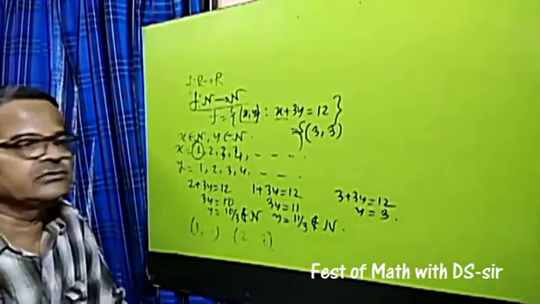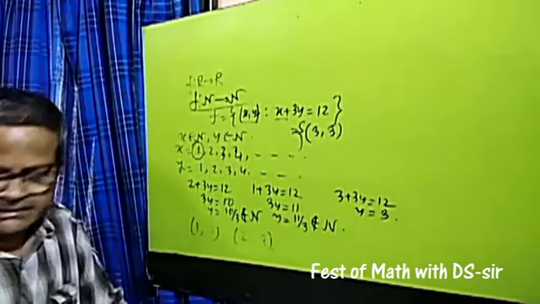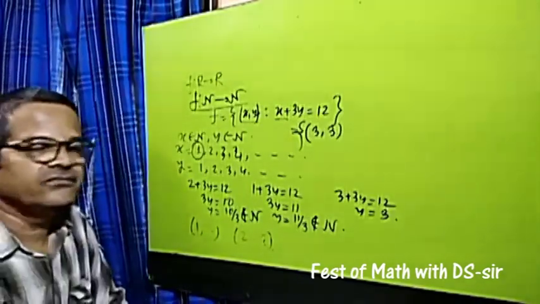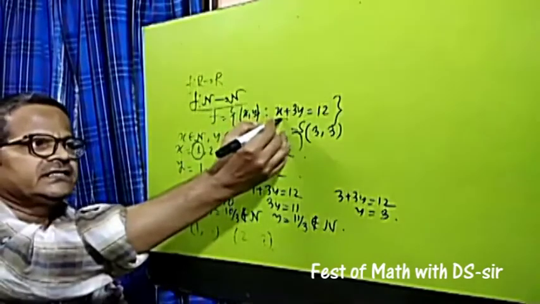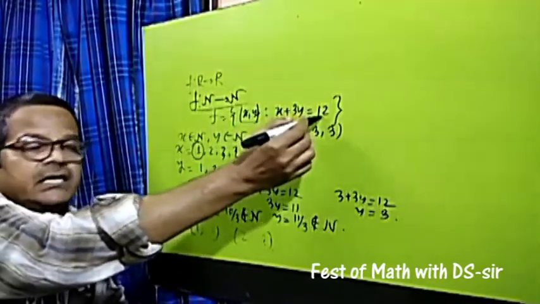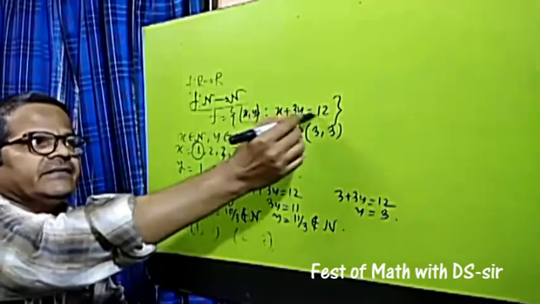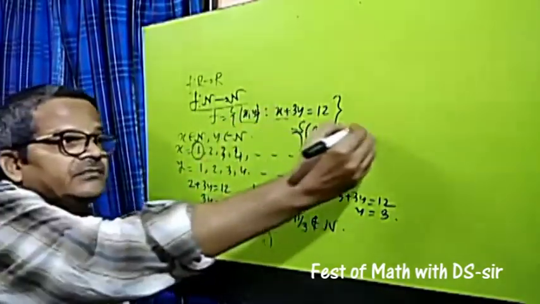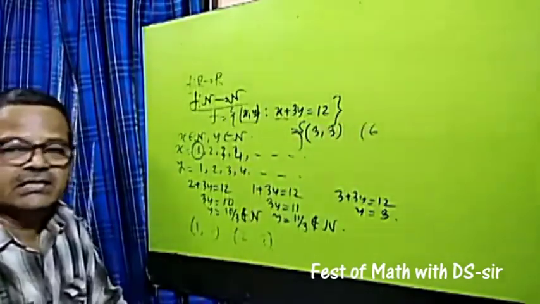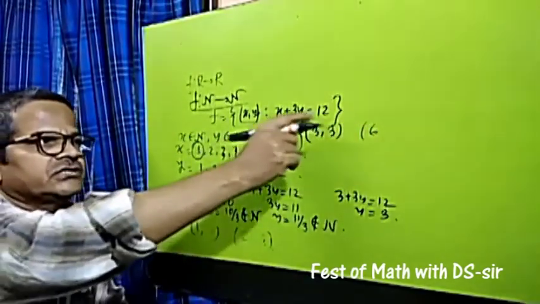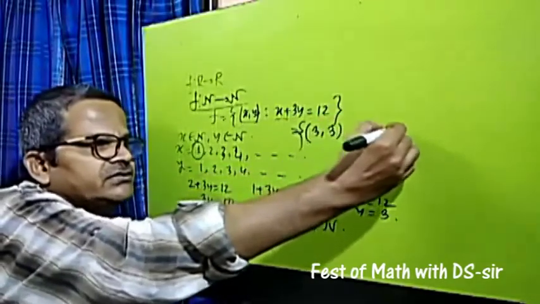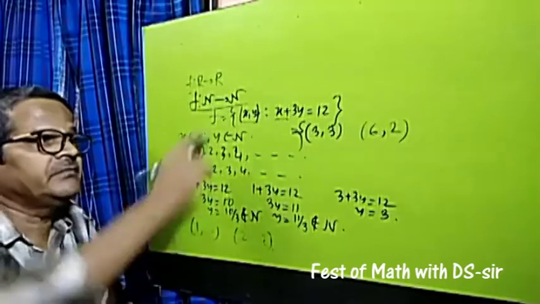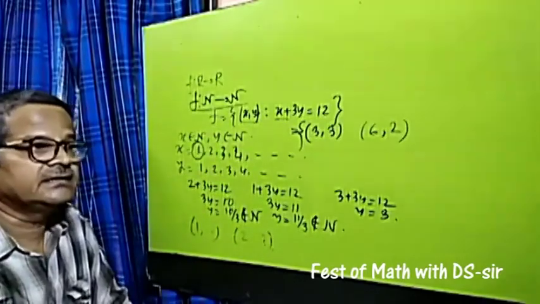As 8 is not divisible by 3, it cannot be 4. Similarly, when x is 5, it will be 7, and 7 is not divisible by 3. So again come to x is equal to 6. So 3y is equal to 6. So y is equal to 2. So (6, 2) is another member of this relation.